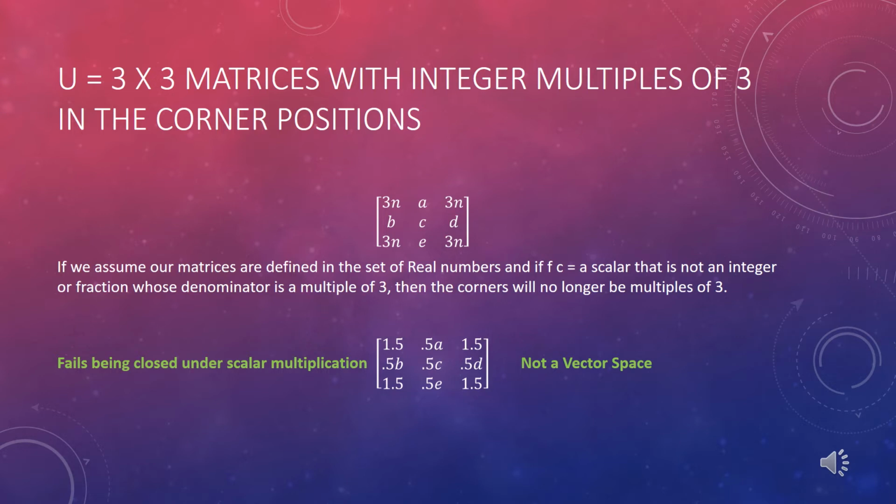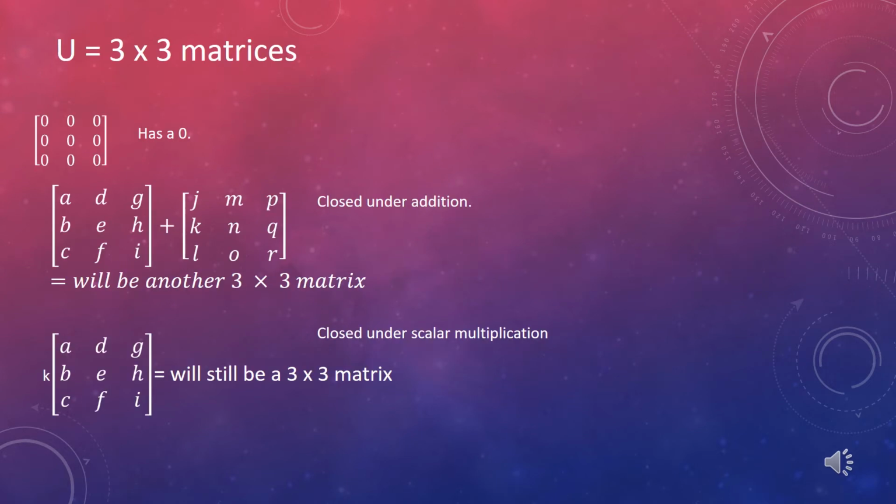So for example, if my corners were 3, 3, 3, 3, and I multiplied by a half, now my corners are 1.5, and 1.5 is not an integer multiple of 3. So it is not closed under scalar multiplication with the assumption that scalars could be any real number. So this does not form a vector space.